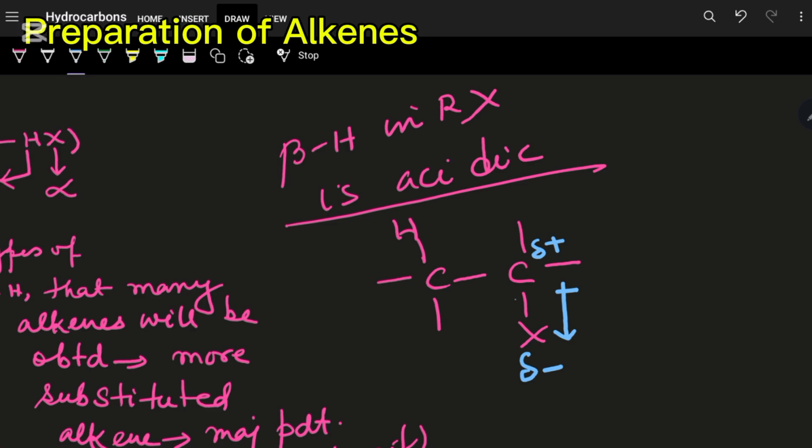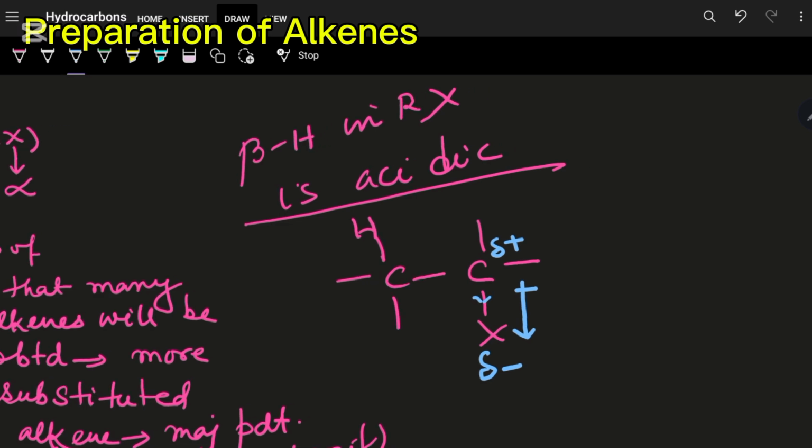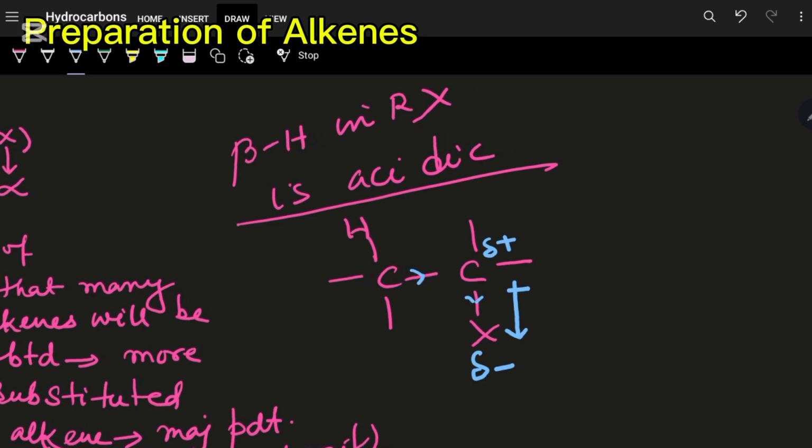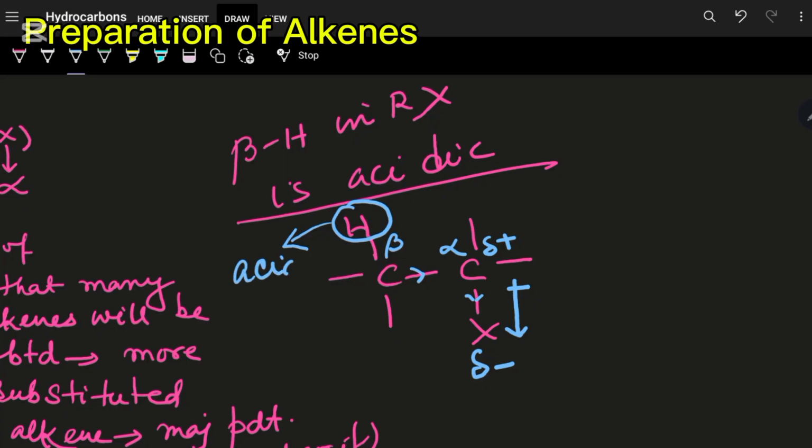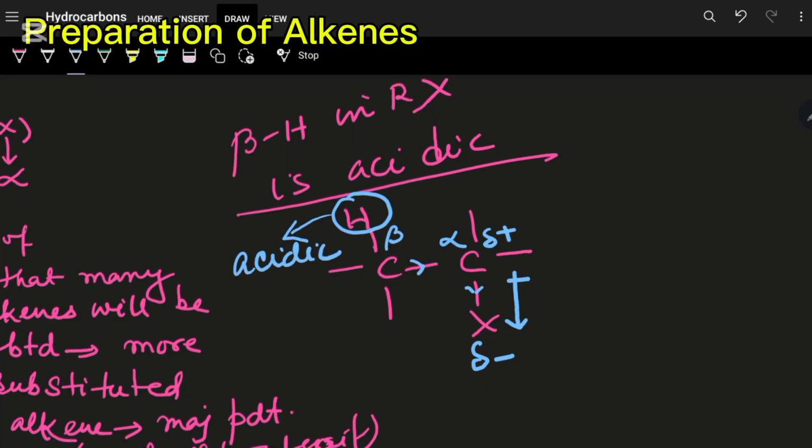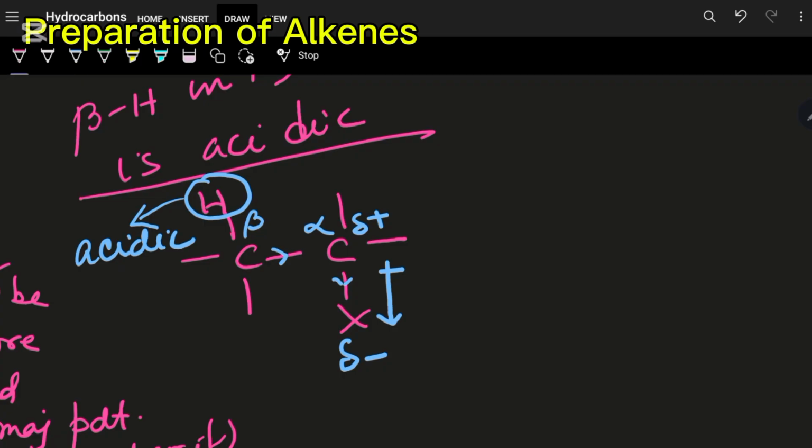So on account of this electronegativity difference, there is an electron pulling effect towards X, for which these H, which are beta, adjacent to the alpha, are acidic in nature, and so they can be given out to a base.